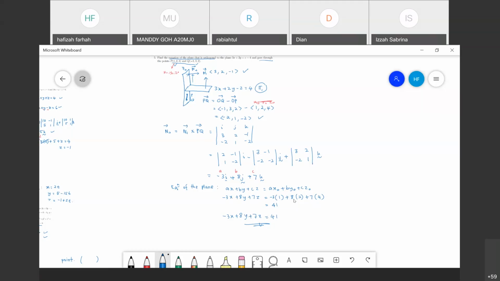It will not change the answer. Except if you get 3x minus 8y minus 7z equals 41, then something is wrong with your sign. It should be 3x minus 8y minus 7z equals negative 41.